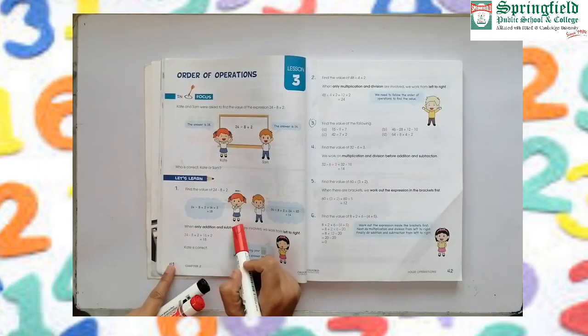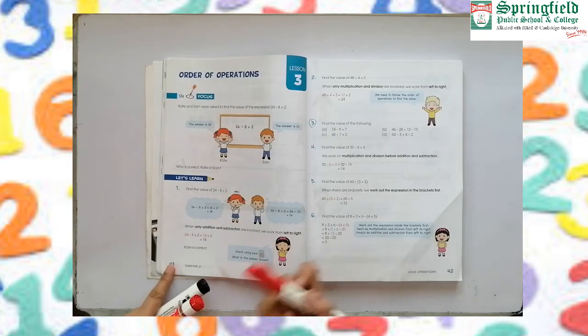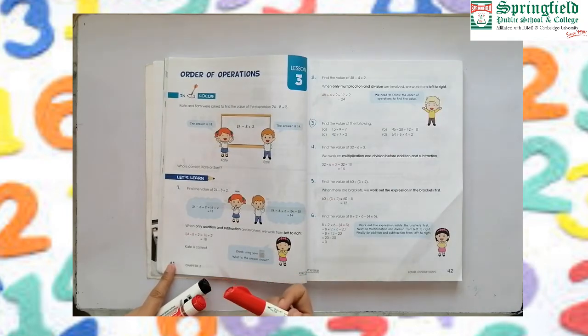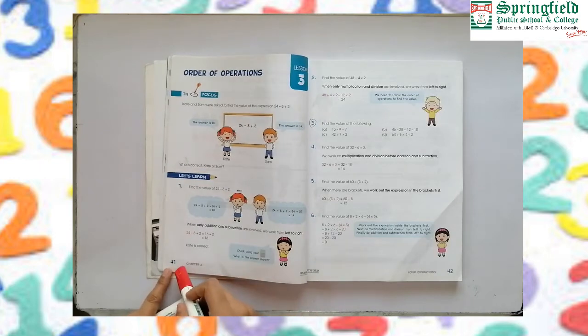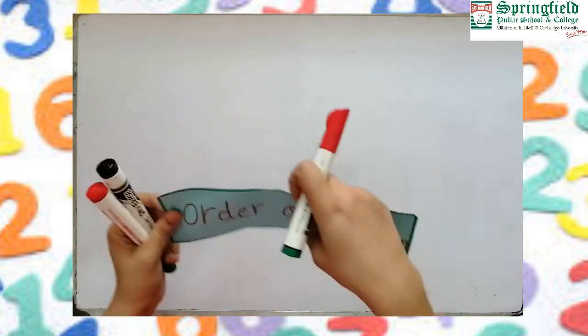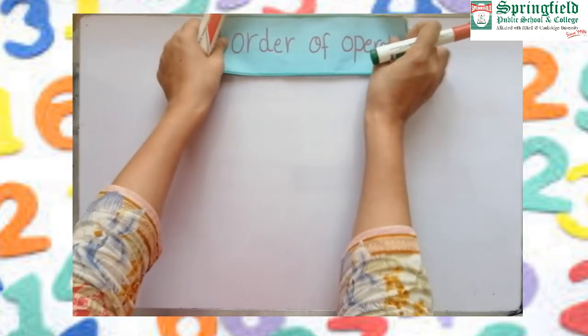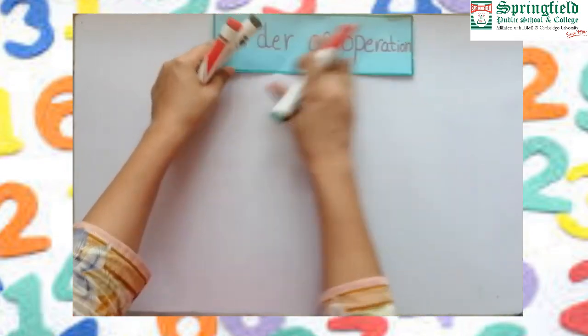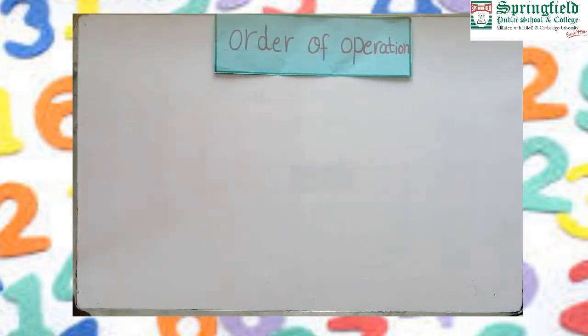In this assignment I will tell you about the order of operation, that is, when an expression has more than 2 operations, which operation will be solved first. Fine. Okay, page number 41. The name of the chapter is order of operations.